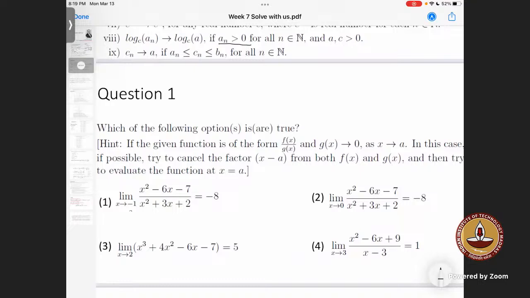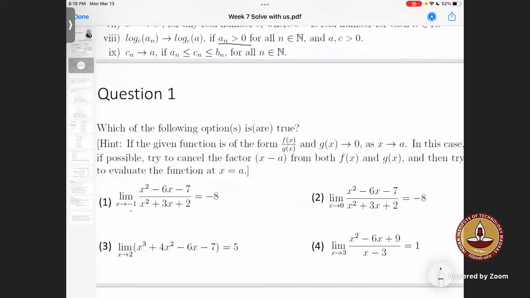Abhishek Saha, am I audible? Abhishek, I could see in the comment section you have written all are false. Have you solved? What is the value you are getting for question 1? 8. Okay.